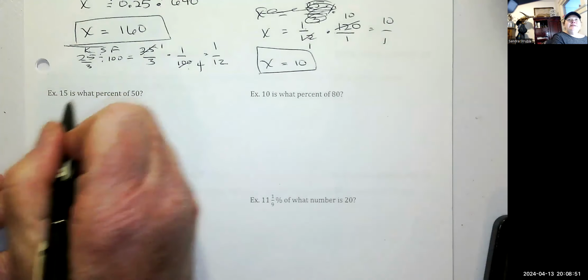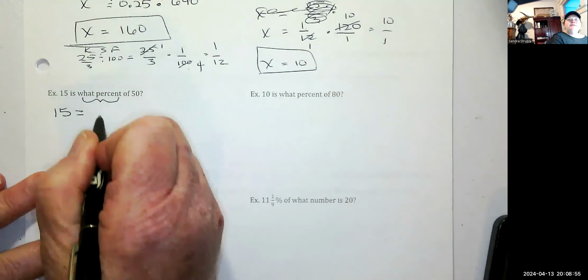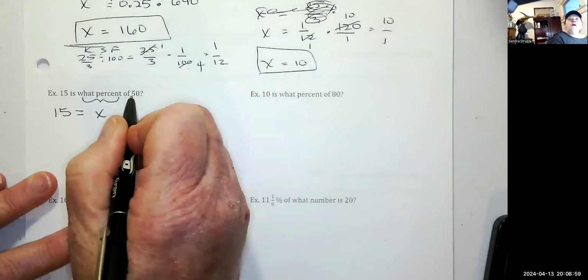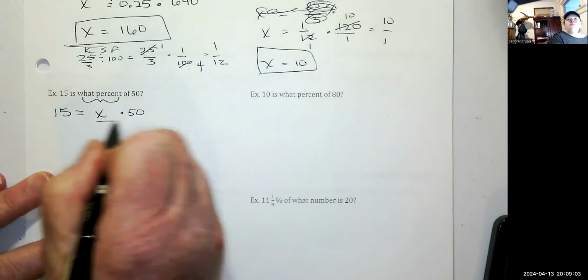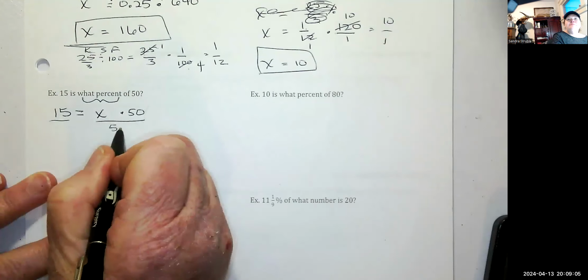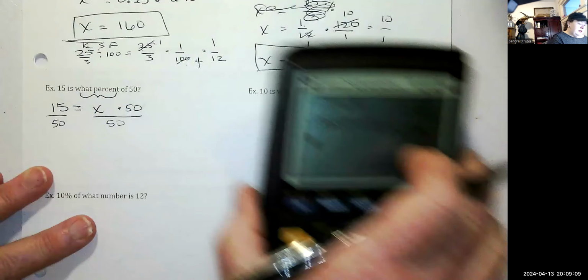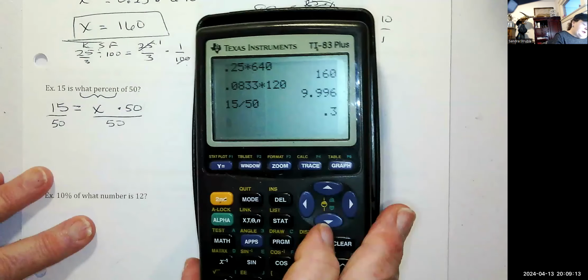Okay, 15 is what percent of 50? So this is X, but in a percent, times 50. And I'm solving for X, so I'm going to divide both sides by 50. I'll use a decimal. 15 divided by 50 is 0.3.